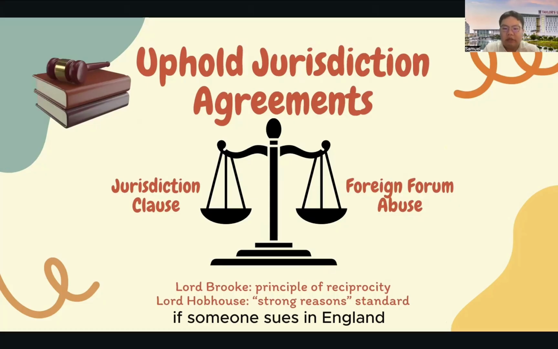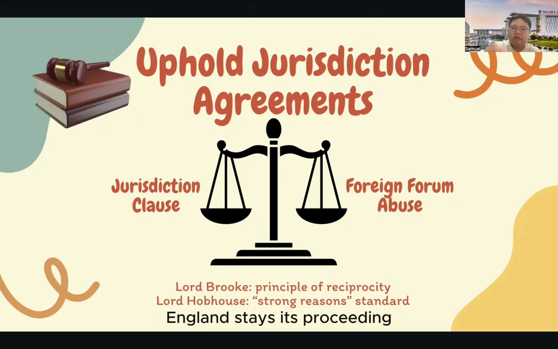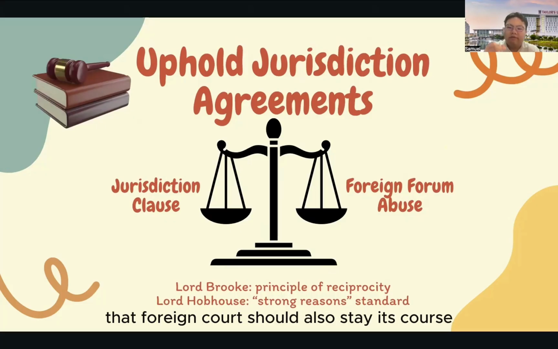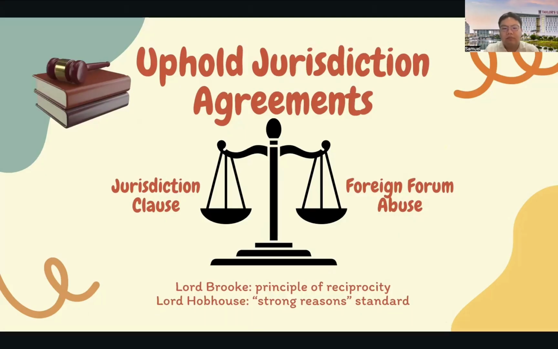If someone sues in England in breach of a foreign jurisdiction agreement, England stays its proceedings. So vice versa, if someone sues abroad in breach of an English jurisdiction agreement, that foreign court should also stay its course. But since foreign courts don't always follow this, ASI become necessary to protect agreed forum clauses.